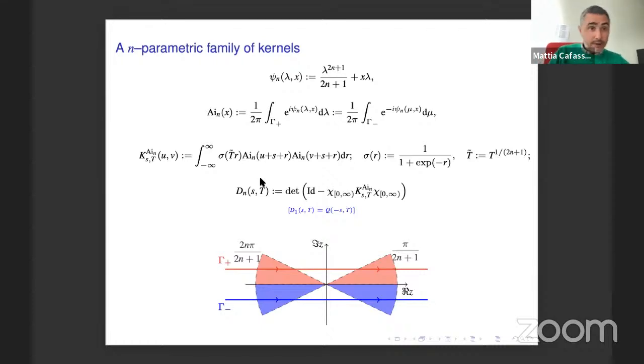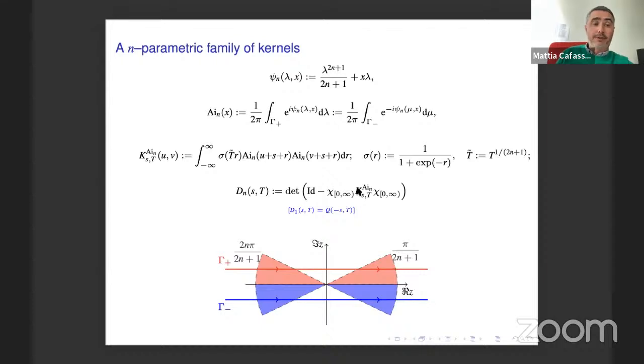And we want to compute some Fredholm determinant that now we define in a slightly different way. We call them D n s t. So now we have three variables: this n, small n, s, which is a continuous variable here, and big T. And these are just the Fredholm determinants associated to these operators.